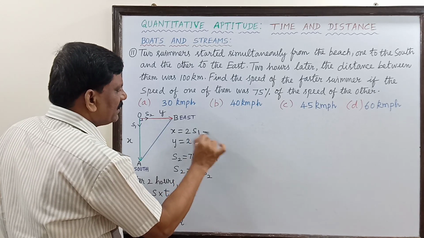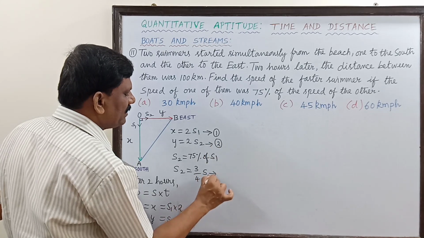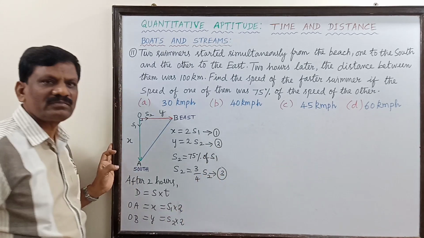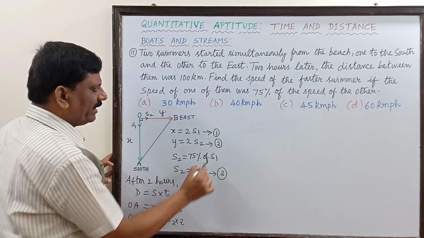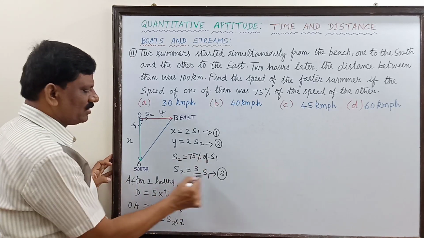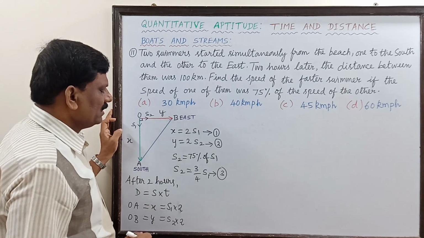So this is equation 1, this is equation 2 and this is equation 3. So S2 is equal to 3 by 4 times the speed S1. This is equation 3. Okay.